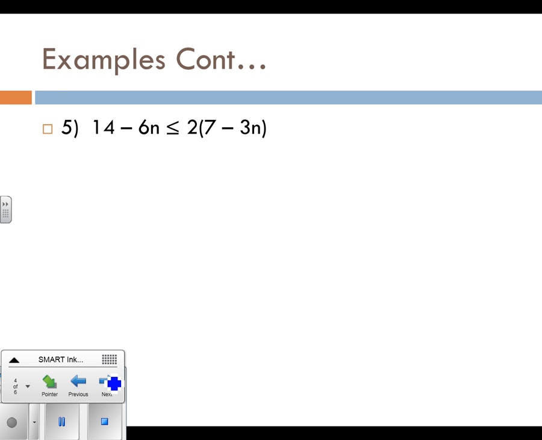14 minus 6n is less than or equal to 2 times, in parentheses, 7 minus 3n. So here we want to distribute. So we have 14 minus 6n is less than or equal to 14 minus 6n. What ends up happening is we have the same on both sides.